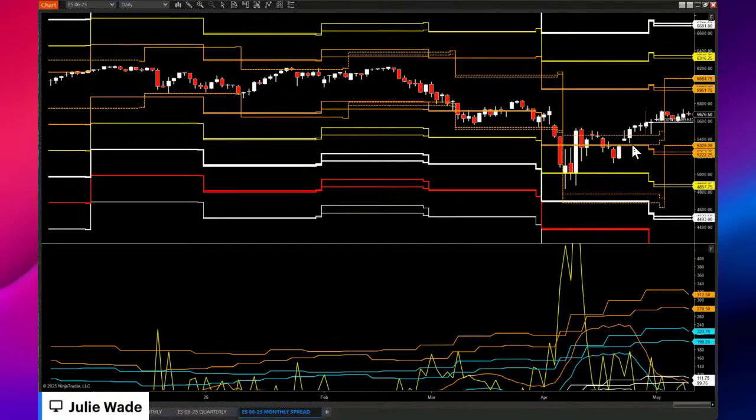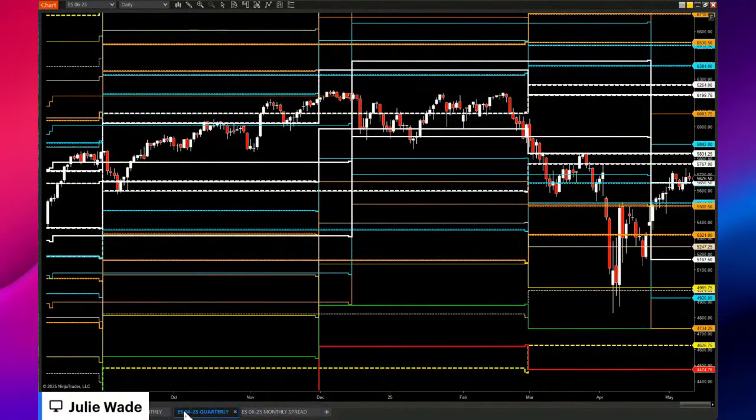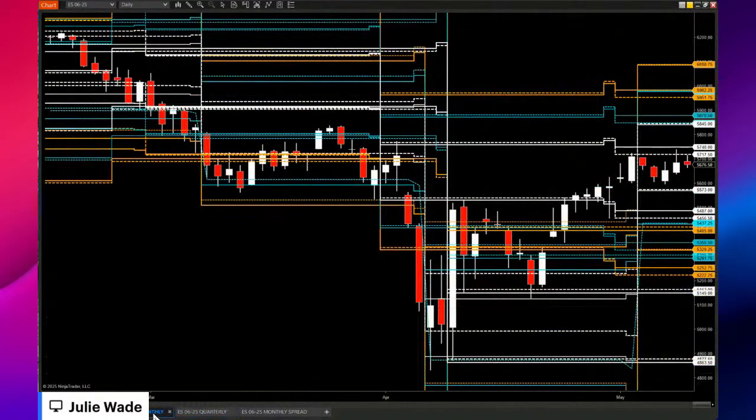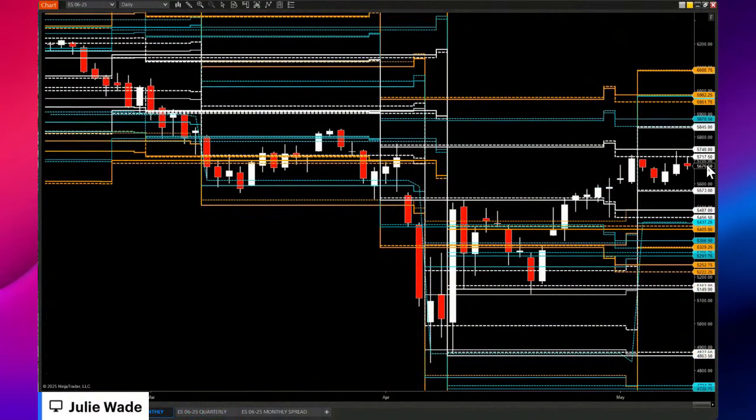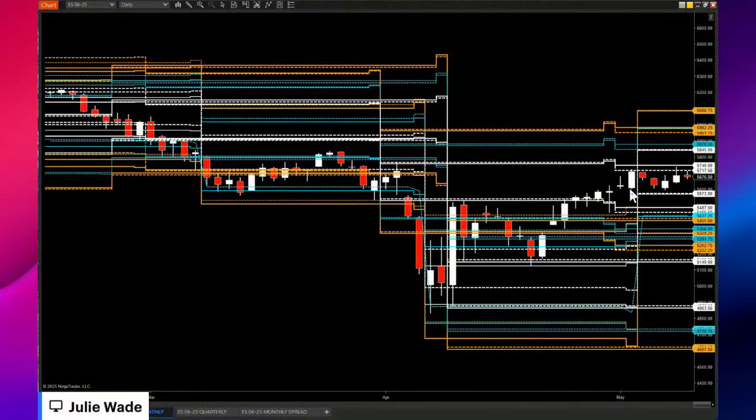But these spreads work on all time frames: quarterly, weekly, monthly, or you can just look at the chart, the 1, 2, 3. And if you're in low volatility, it's going to stay inside the ones, especially with that VIX.